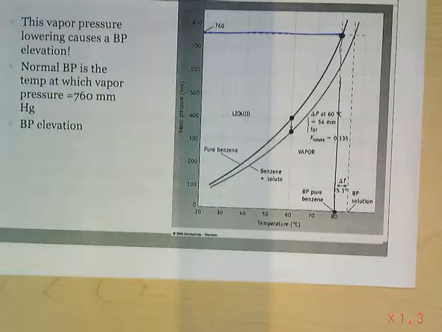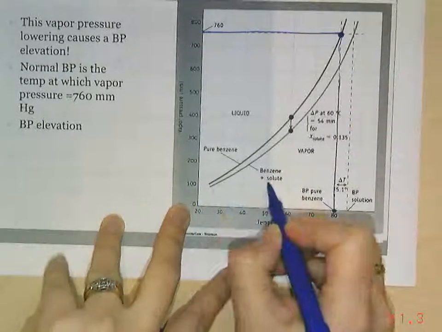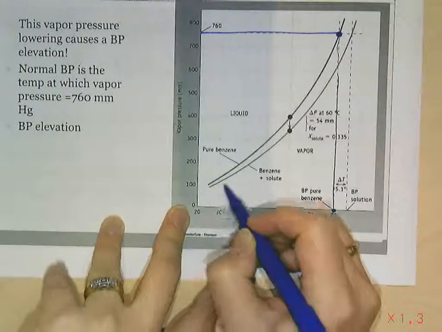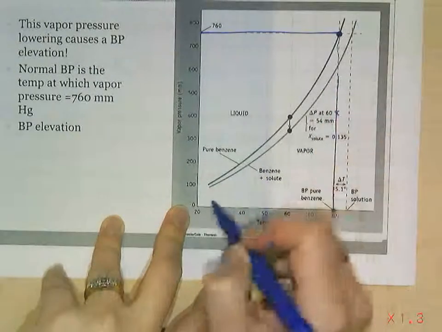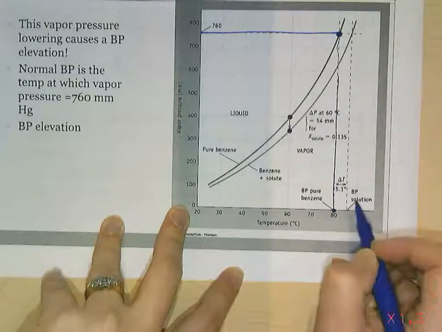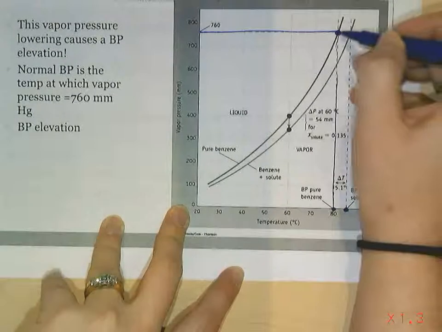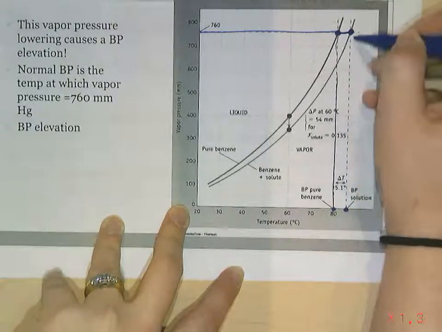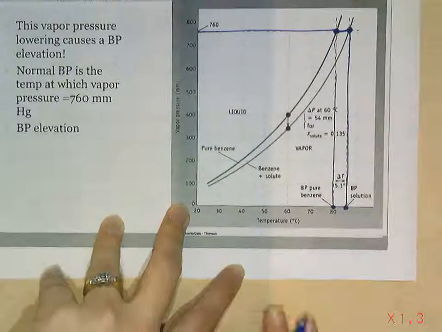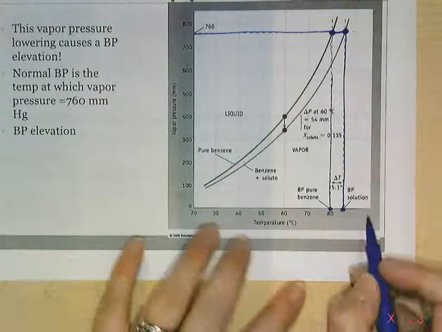Well, now we have this, our benzene and solute curve. It's shifted to the right. Boiling point of the solution. In order for us to hit that same 760 spot, the boiling point had to elevate. It went from 80 to, I think that's like 85.